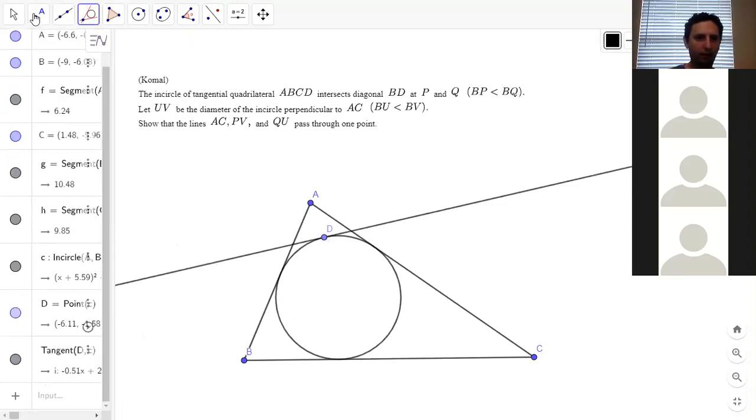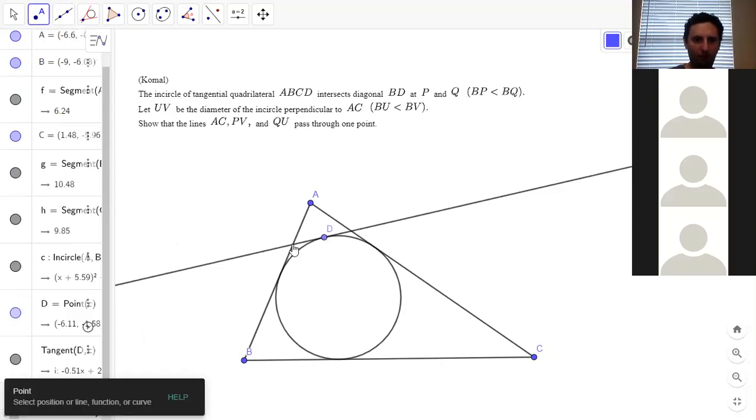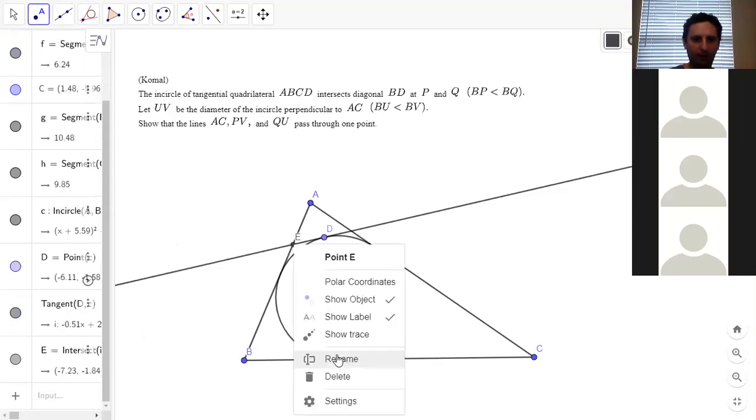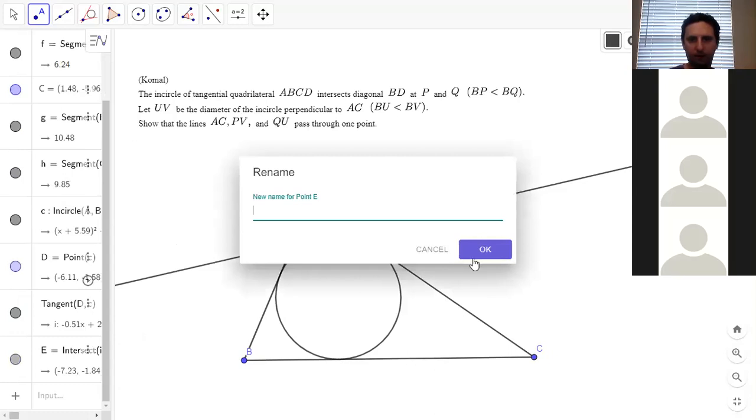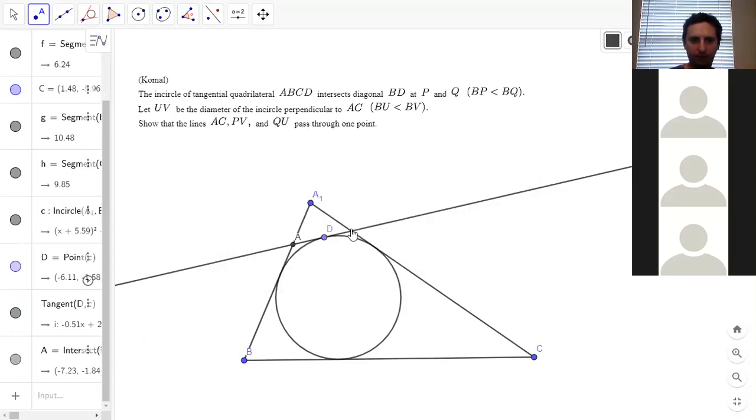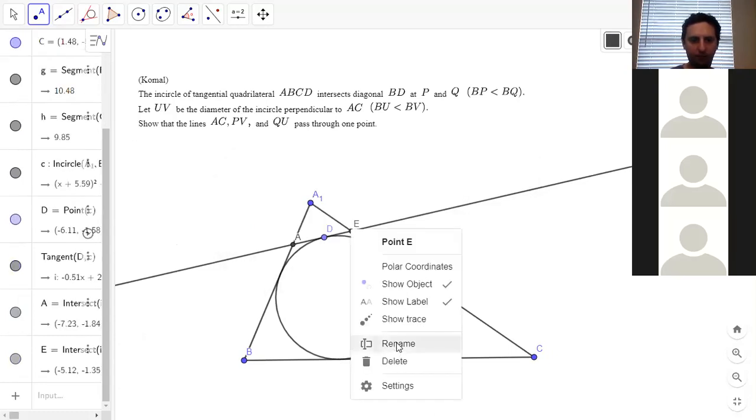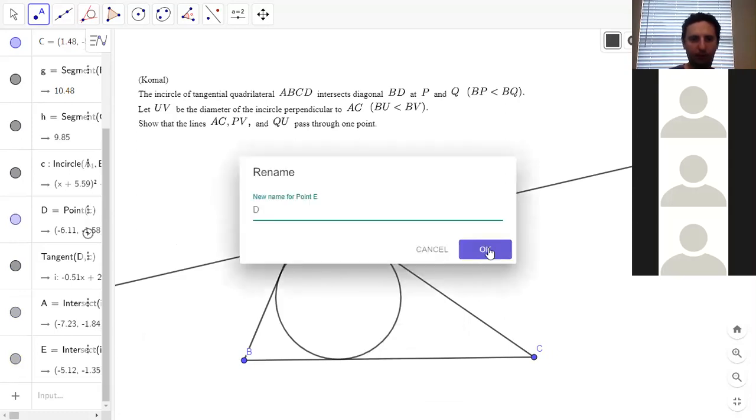And there we go. So this should be A. And that should be B. Hide the rest.